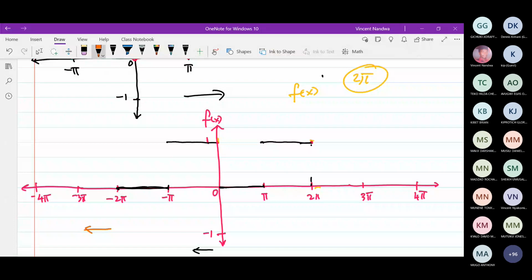Remember, the steps are 2 pi steps. So I'm at minus 2 pi. If I have a gap of 2 pi steps, where am I going to stop? Minus 3 pi.